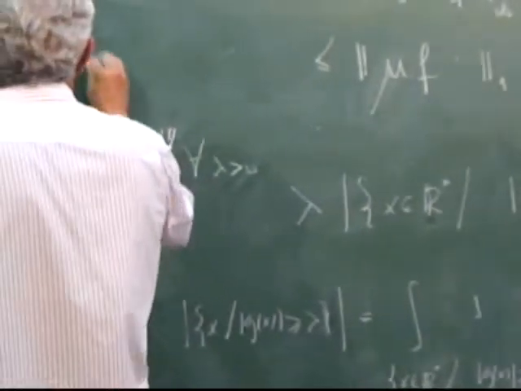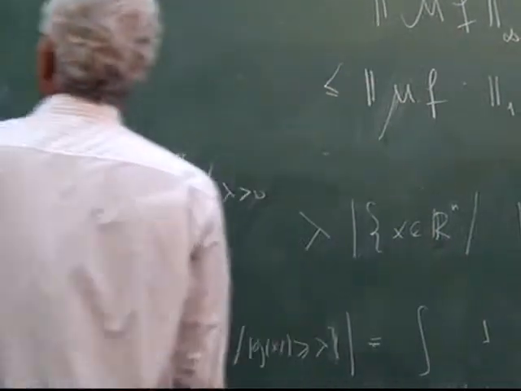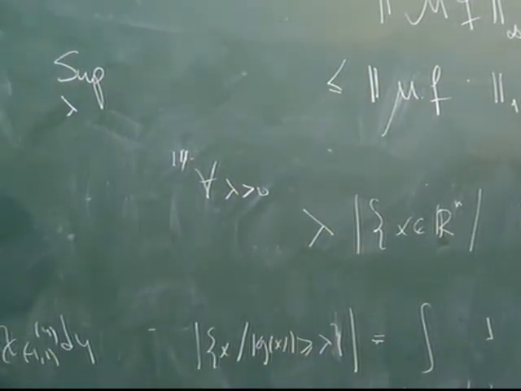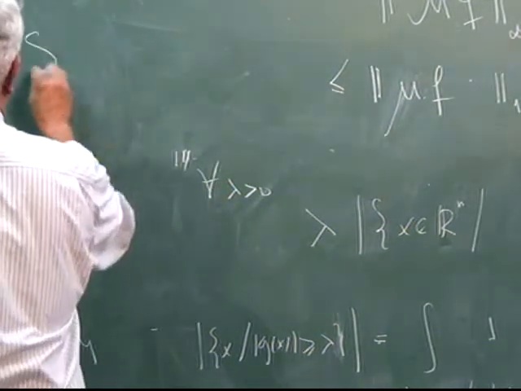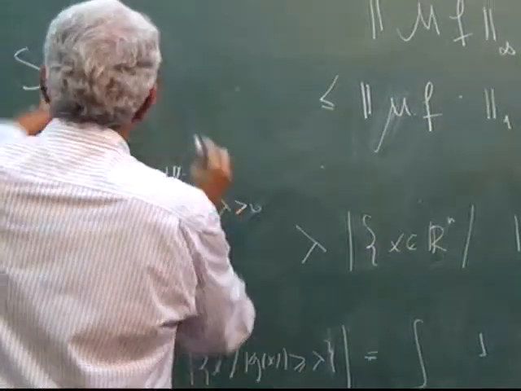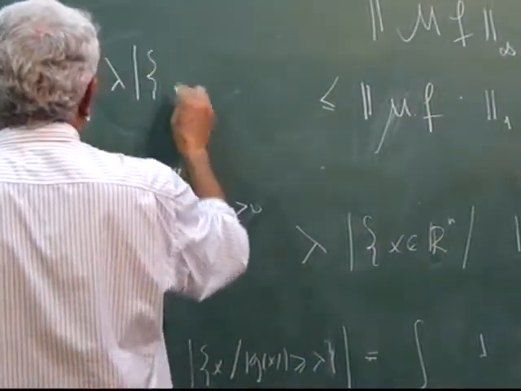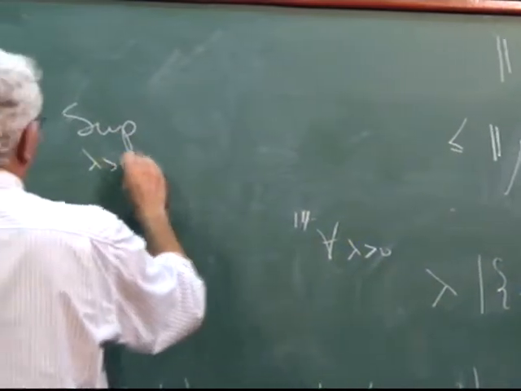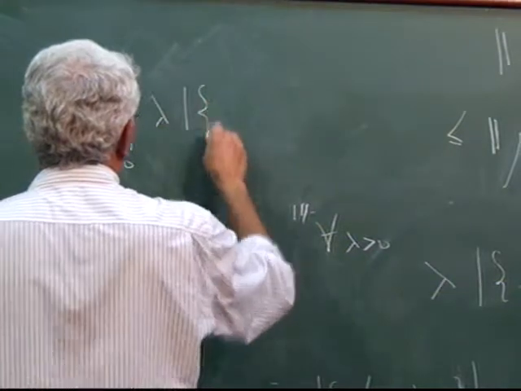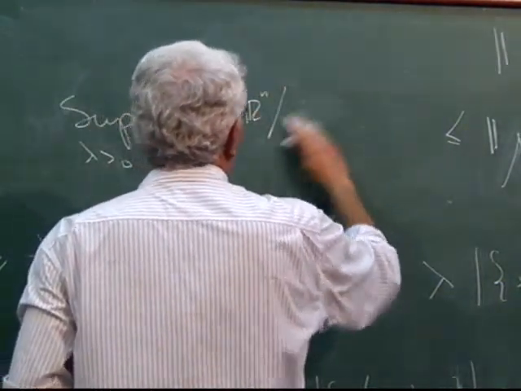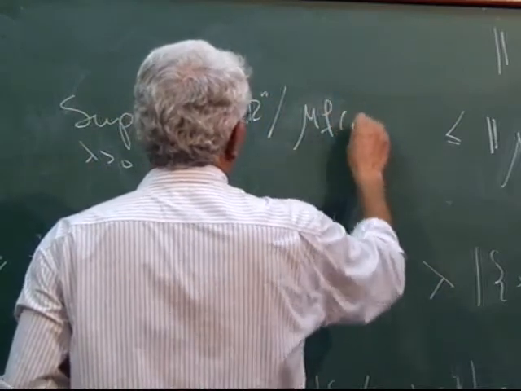The supremum over lambda of lambda multiplied by the measure of the set where the maximal function of f of x is larger than lambda.